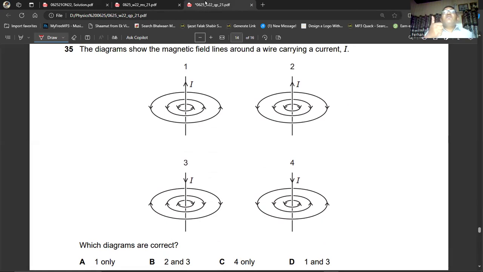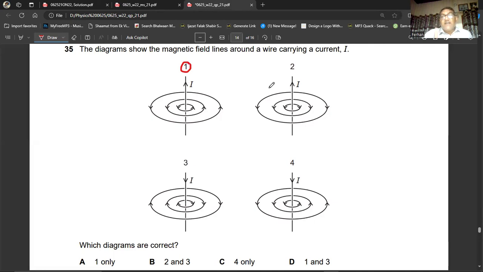Then the curls of the fingers of your right hand show the direction of the magnetic field. So when I'm working on the first diagram, my thumb is upward. My fingers are telling me that it should be anti-clockwise, and you can see that they are anti-clockwise. So this diagram seems to be good.